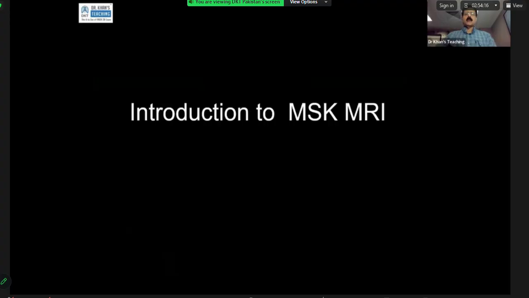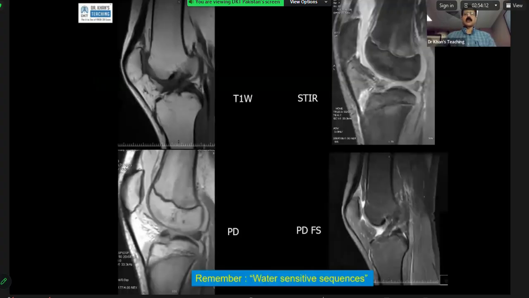So, before we begin the first case, let's go through a bit of teaching about MRI of MSK. Now, if you see here, you will always get confused on marrow signal on T1 as opposed to PD weighted sequence.